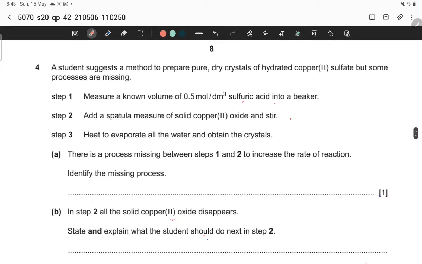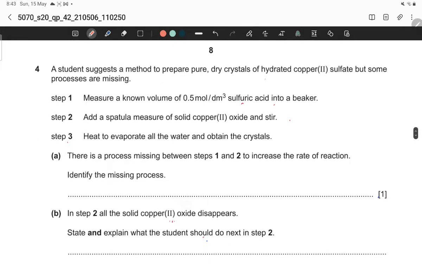A student suggests a method to prepare pure dry crystals of copper 2 sulfate, but some processes are missing. Measure a known volume of 0.5 mol per dm cubed sulfuric acid into a beaker. Add a spatula measure of solid copper 2 oxide and stir. Heat to evaporate all water and obtain the crystals.